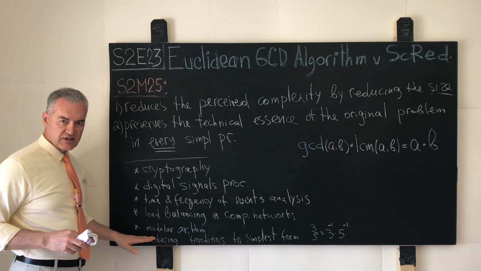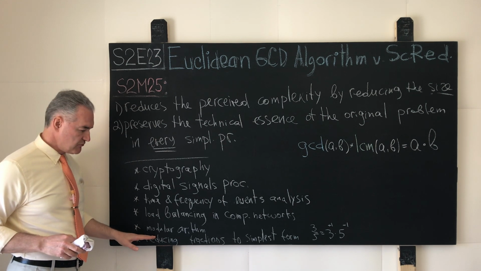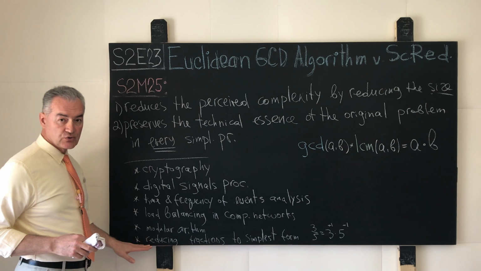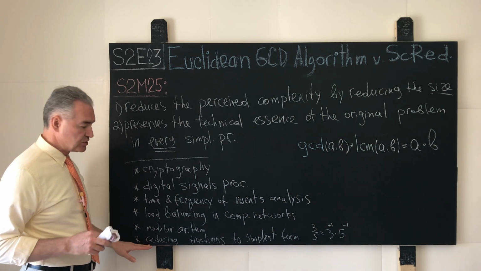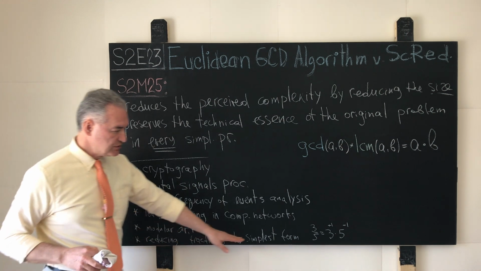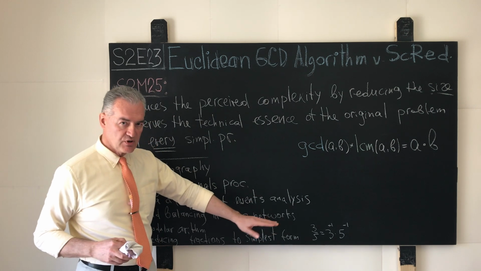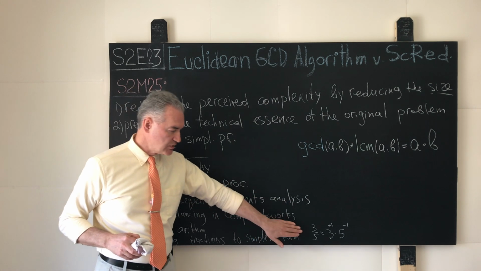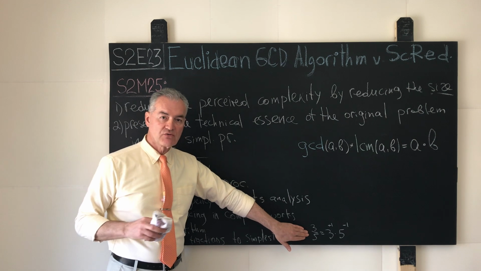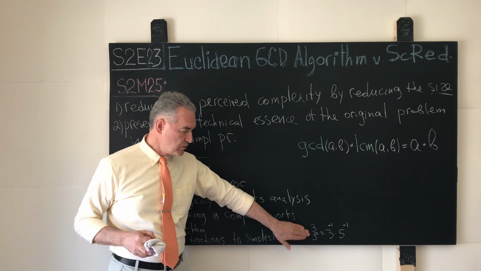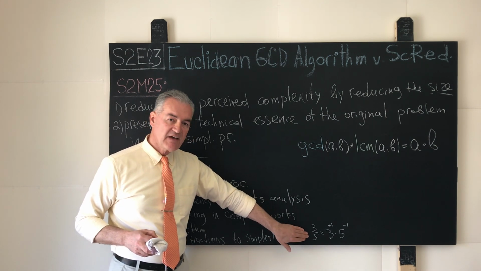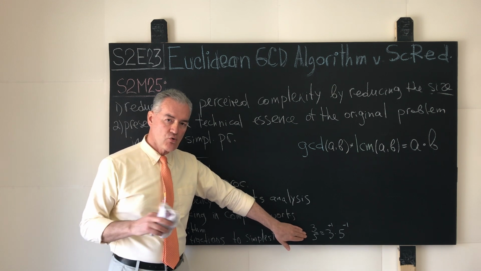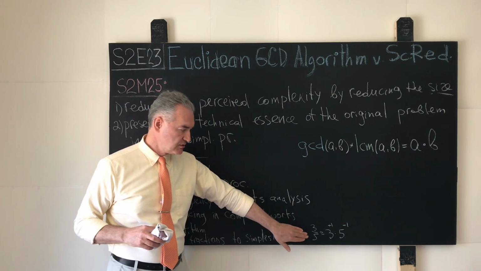The greatest common divisor is also used in modular arithmetic, and it is also used in the process of reducing fractions to the simplest form. So, for example, if we compute the greatest common divisor of two numbers written in the form of a rational number, we cancel it out. So all we get is prime factors in both cases with no common factors in the numerator and denominator.